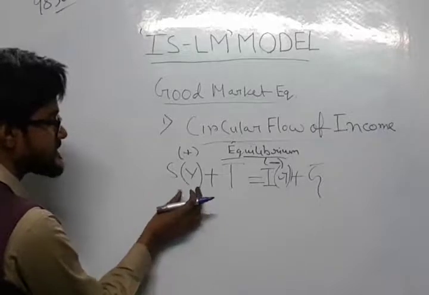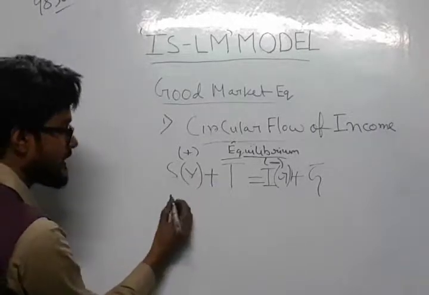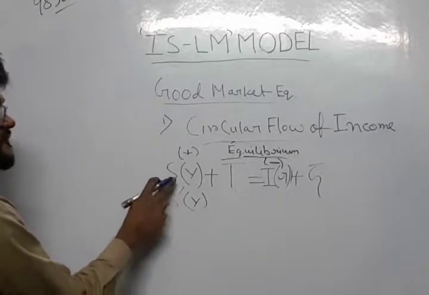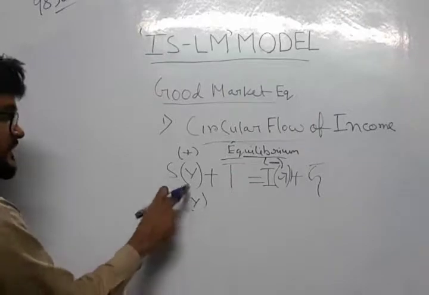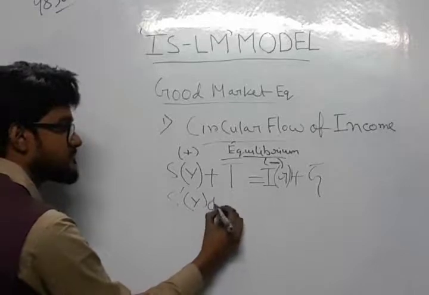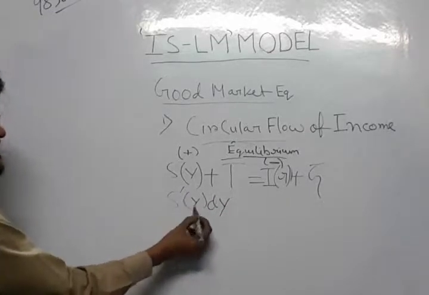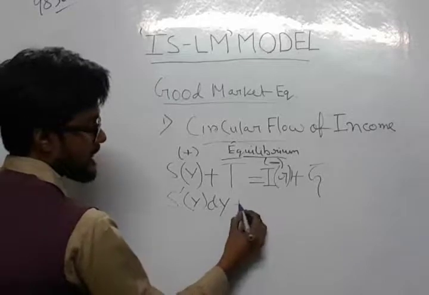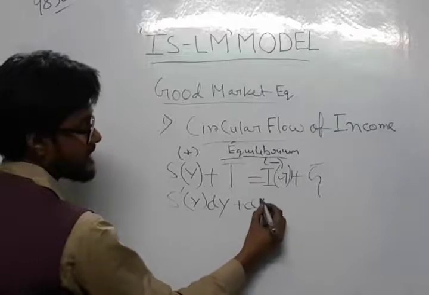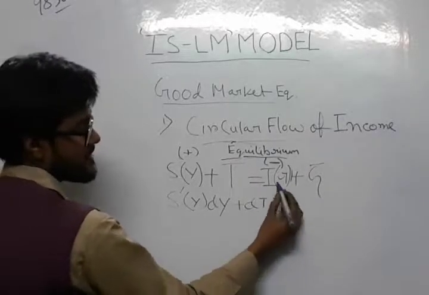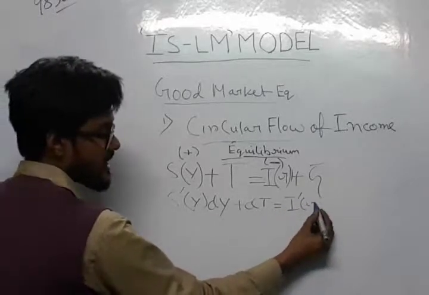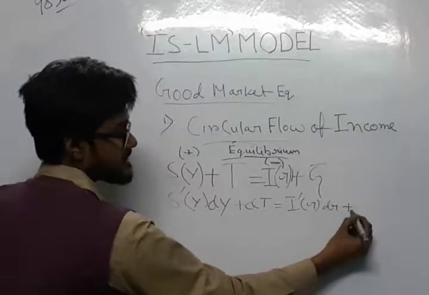So if you differentiate this in terms of Y, we'll be left with S dash Y, which is the first order differentiation of this term, and there is another term which is Y. So Y will be differentiated with itself, so we'll write dY. So it will become S dash Y dY plus change in T, which will be denoted by dT. Here also a similar thing will happen the way we did it here. That is I dash R dR plus dG.